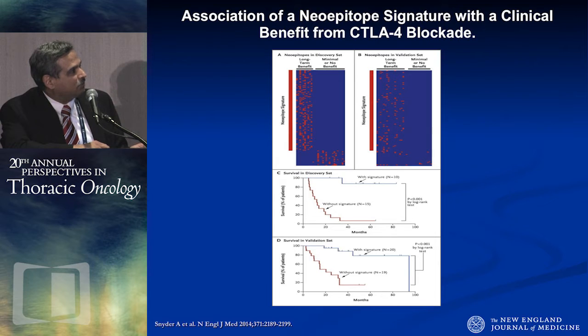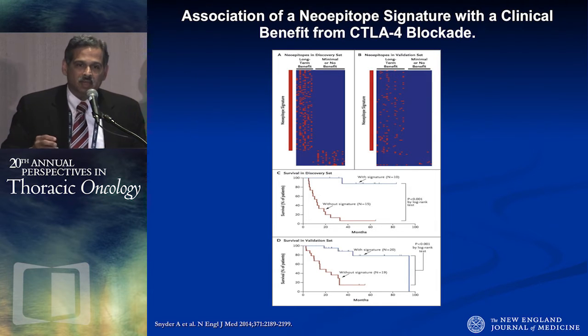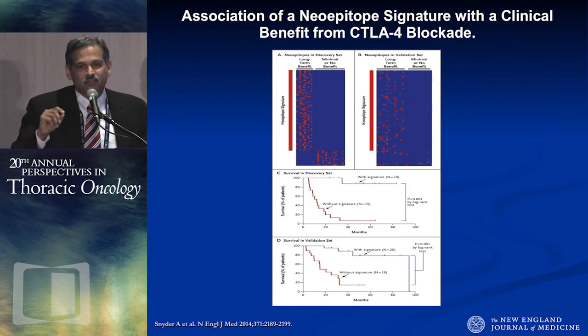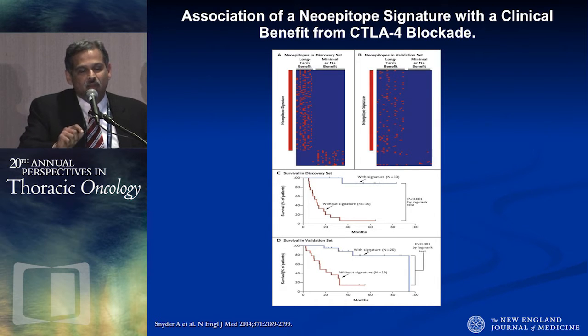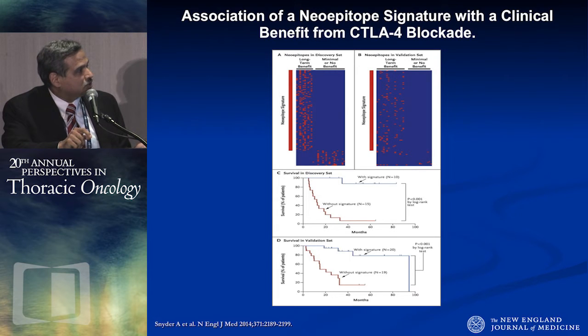they looked at 25 patients, 11 who had an excellent response, and 14 who had a very poor response to ipilimumab. They did an exome analysis and identified gene mutations that coded for tumor neoantigens. They came up with a signature which showed a distinct difference between patients who had a response and those who did not have a benefit.